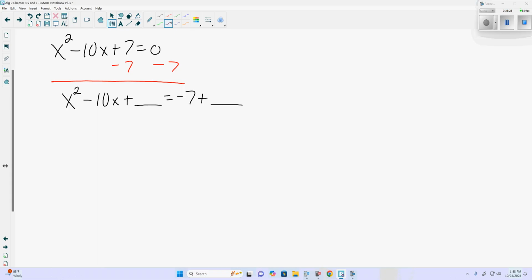Step number 3 is to find the value of c. And c is equal to b over 2, squared. Our value b in this case is what? Negative 10.